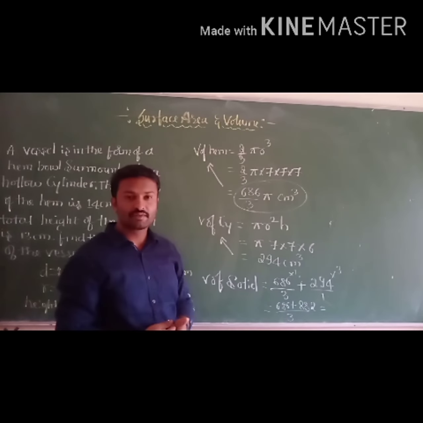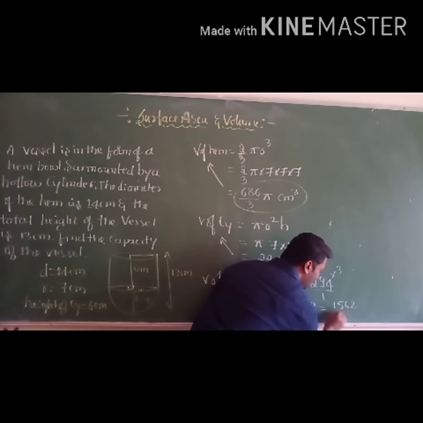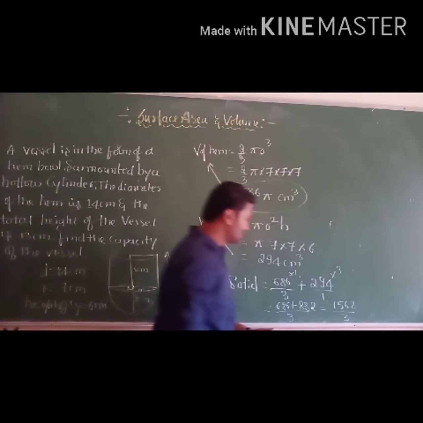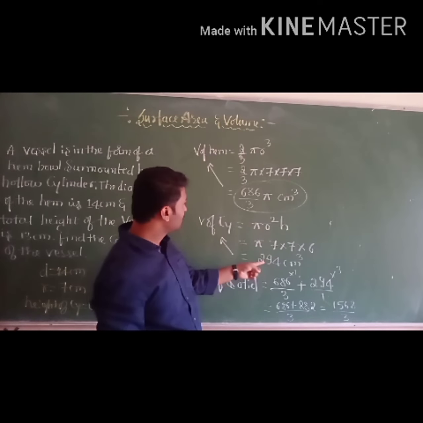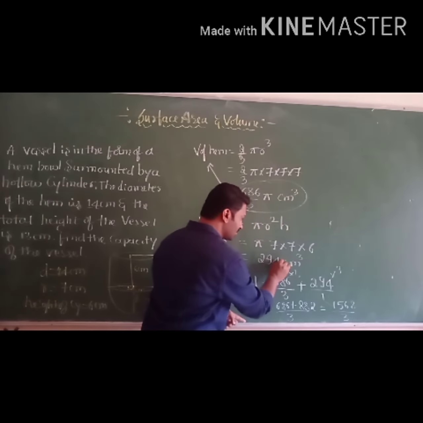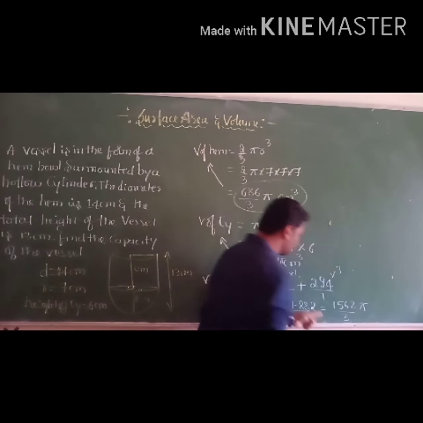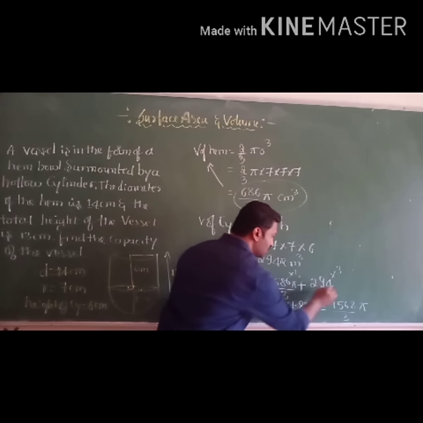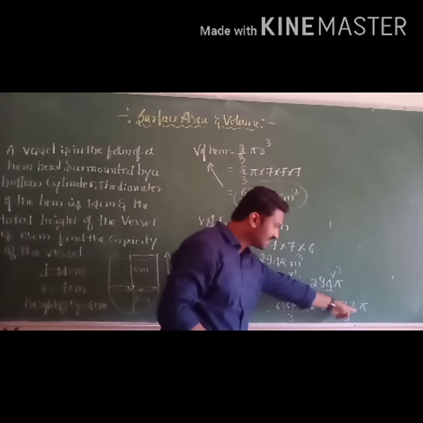Next, add both. How much will you get? 1568 divided by 3. Pi is a constant in both, so write pi here.